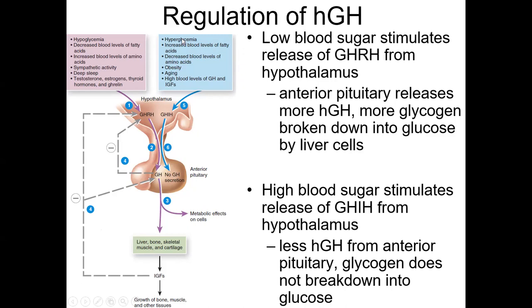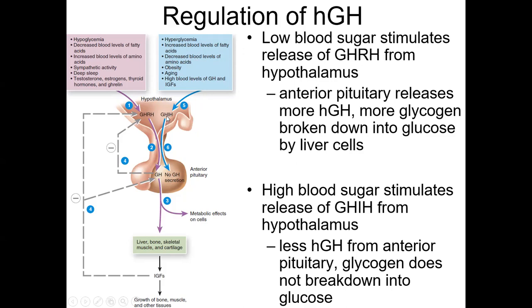In a case of too much blood glucose or too high fatty acid or amino acid levels, the hypothalamus will measure these conditions in the blood, and hypothalamus will release an inhibitory hormone.